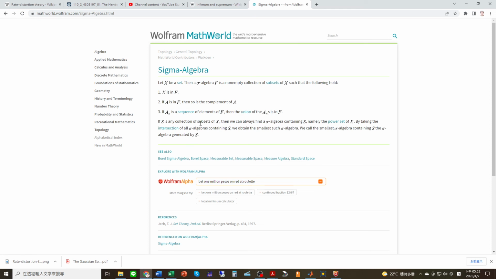If S is any collection of subsets of X, then we can always find a sigma algebra containing S, namely the power set of X. What is the power set?